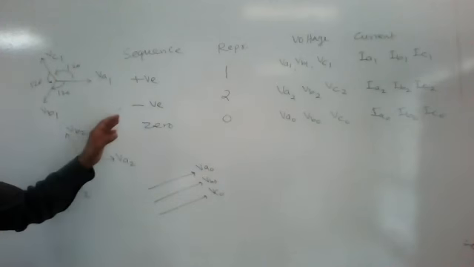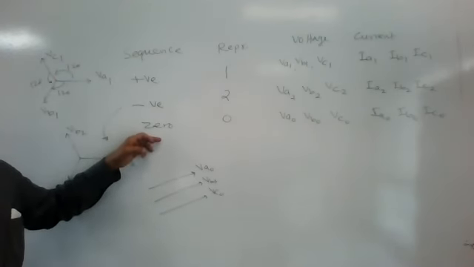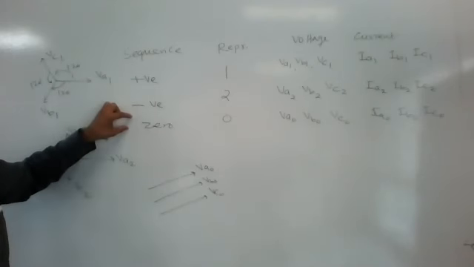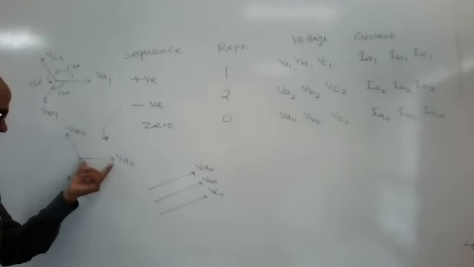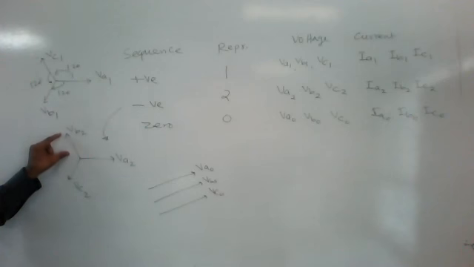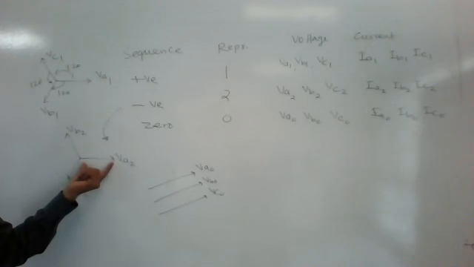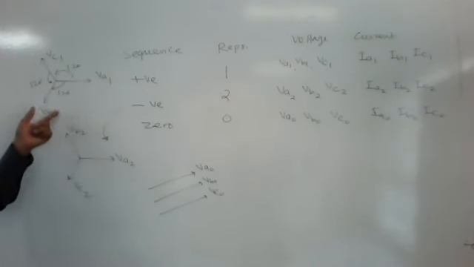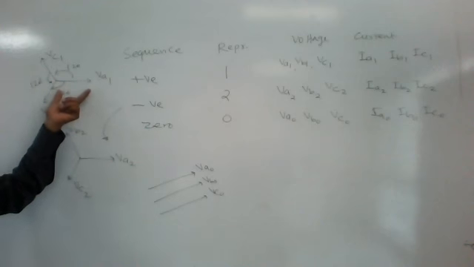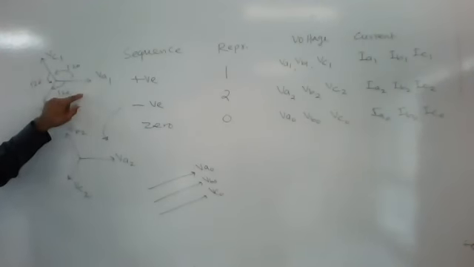Since these three sets are balanced, positive, negative, zero, all these three phases are balanced, therefore their magnitudes are the same. VA2, VB2, VC2, all three have the same length, meaning the same magnitude. Similarly, VA1, VB1, VC1 have the same phasor length.